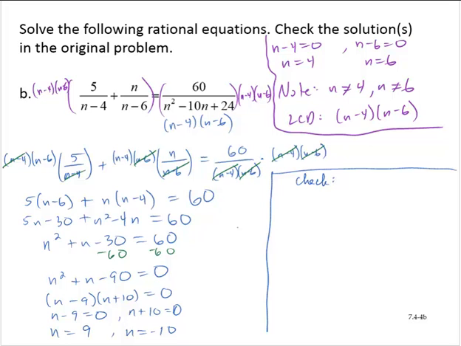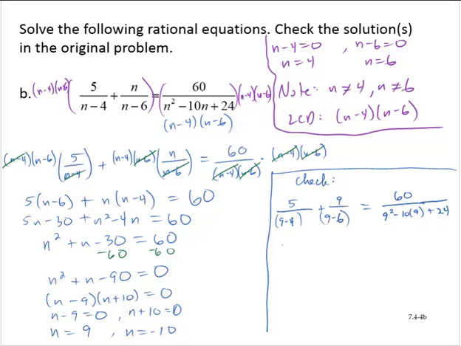So first with n equals 9. 5 over 9 minus 4 plus 9 over 9 minus 6. Is that equal to 60 over 9 squared minus 10 by 9 plus 24? All right, always want to go back to the original equation.